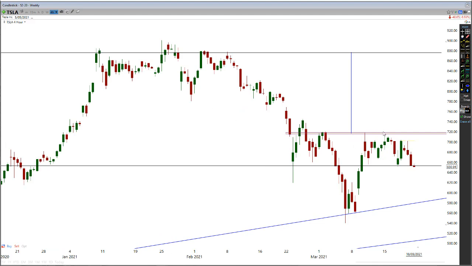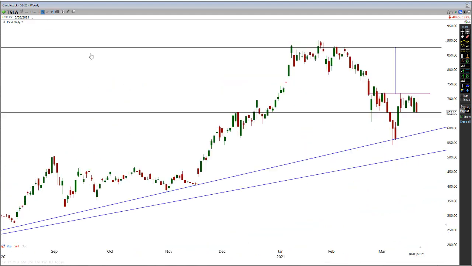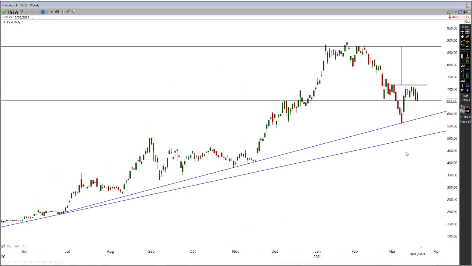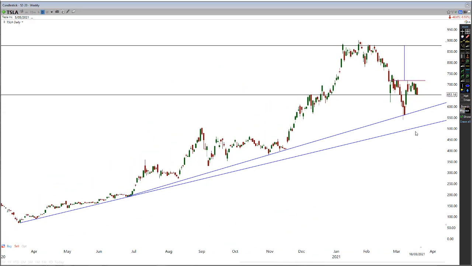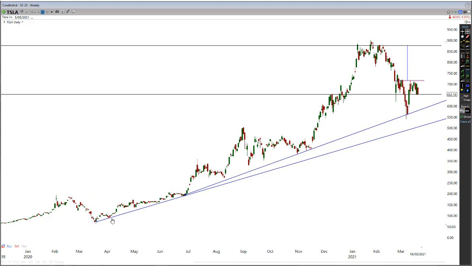But if it does fail here, then we'll probably have a lot more downside to come, and we may even get back down towards this 550 level, maybe a bit below that, towards my second major long-term level here. Especially if the Nasdaq takes a hit, then I do see Tesla having a bit of a pullback as well.